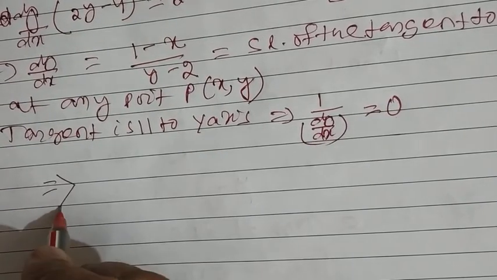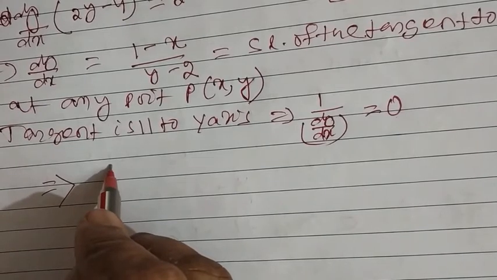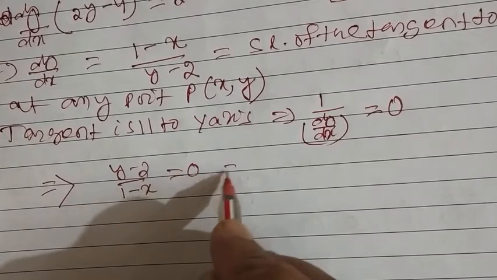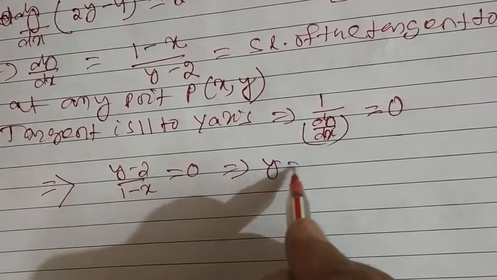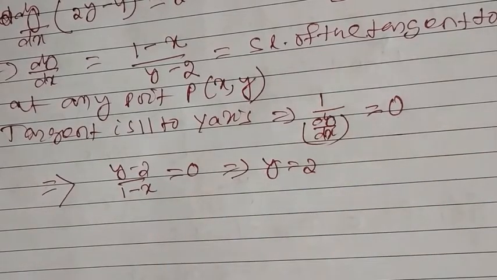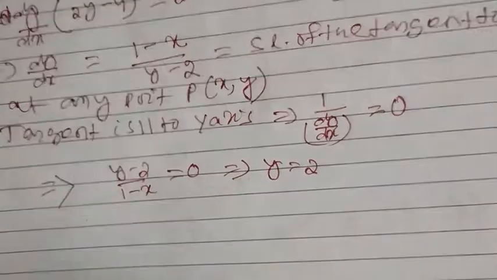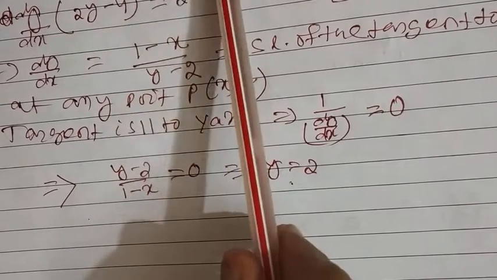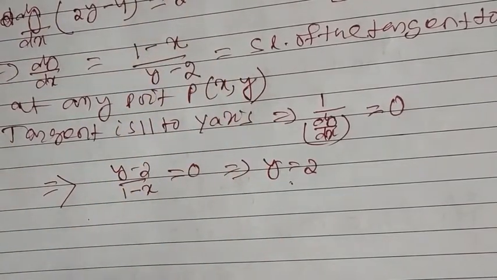This gives me y minus 2 by 1 minus x is 0. Means y equal to 2. So when y equal to 2, what is my x? I will get x from the equation by putting y equal to 2.